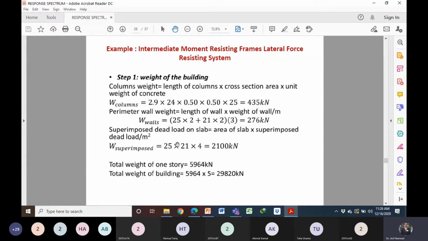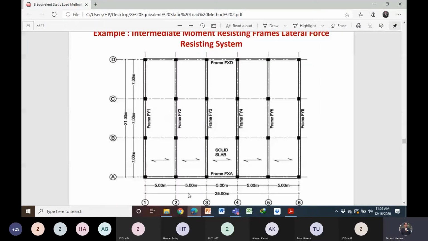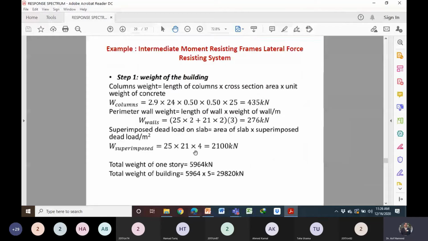This is the area of the slab, 25 multiplied by 21, multiplied by the superimposed dead load of 4 kilonewton per meter square. So this is the total superimposed dead load. We can add all the previous values, all the weights of the different components, and we will have the weight of one story.